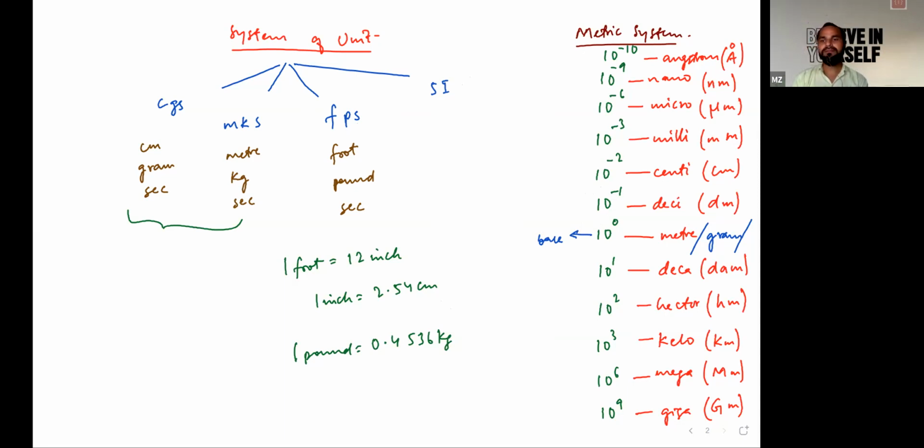Is it clear to everyone, this whole topic? Abhinav? Yes, sir. Okay, just write it down. You have to memorize this whole set of prefixes.